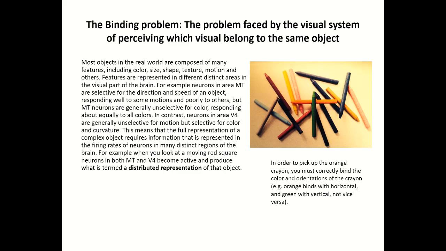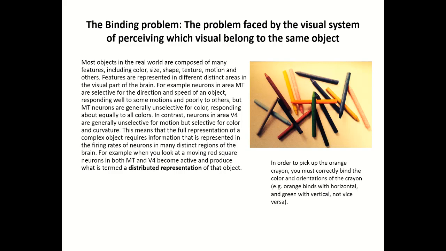Binding problem. You already know that many different types of visual cues are processed in different areas of the visual part of the brain, right? Color is processed separately, orientation is processed in a different area. Shape is processed in another area.